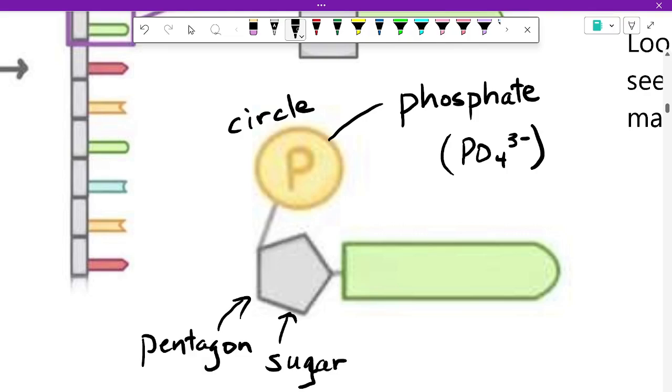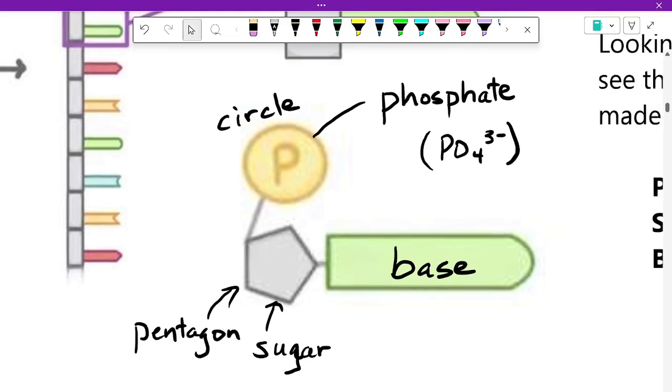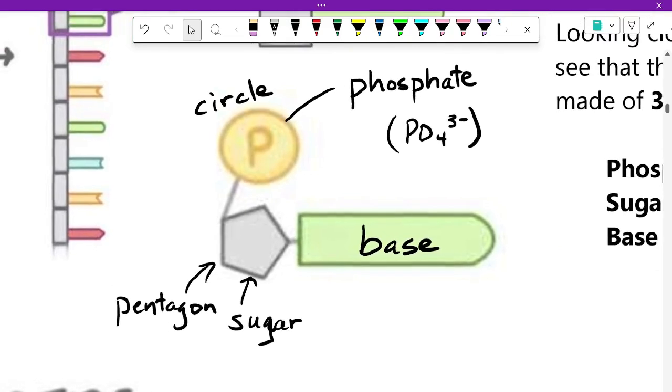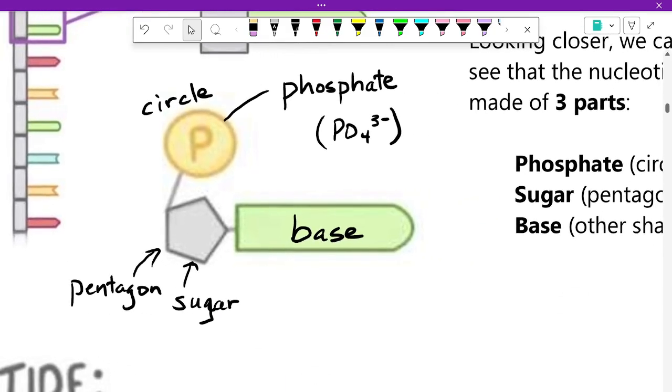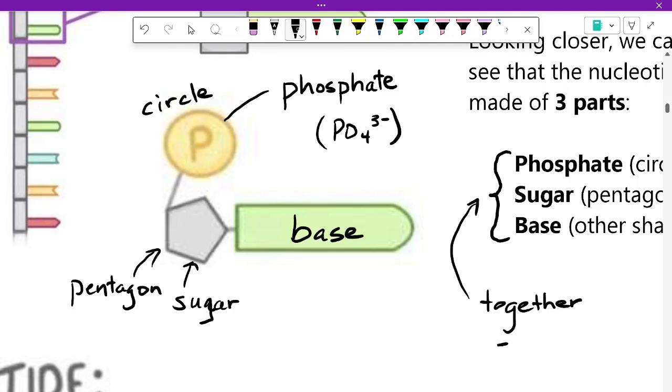So we have a phosphate attached to a sugar. And then sticking off the side of the sugar, we have a base. So a nucleotide, the phosphate and the sugar and the base all together, is a nucleotide.